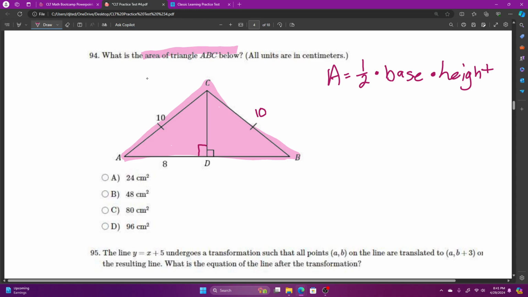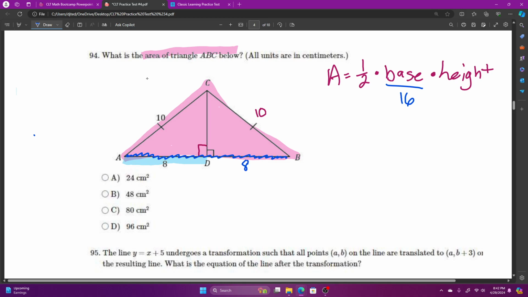So if from A to D is 8, then all the way across my base would be how much? 16. 8 plus 8, 16.